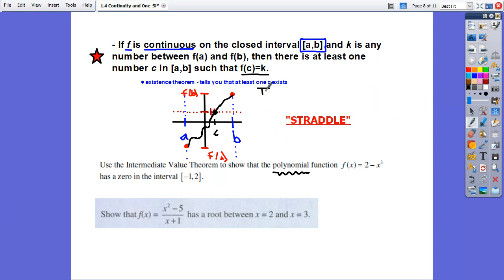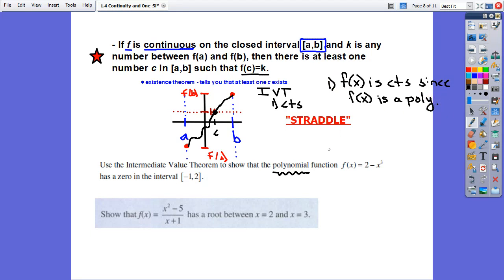So what do we have to show? IVT, number one, we have to show the continuity. And for this specific example, we would say f of x is continuous since f of x is a polynomial. Good. Number one done.